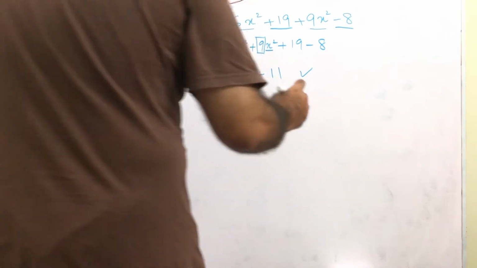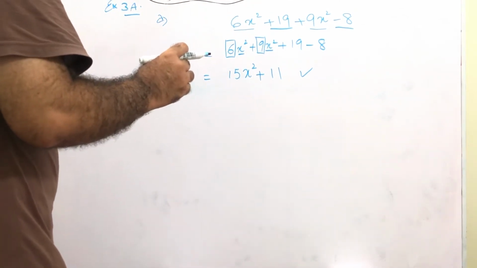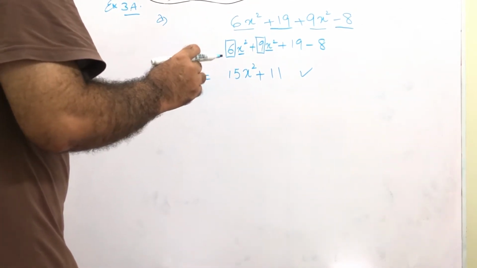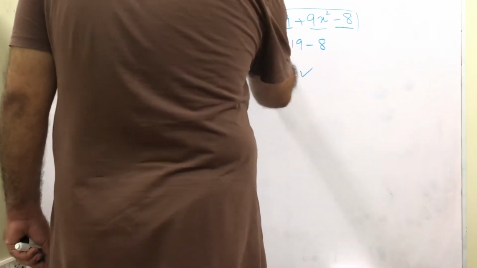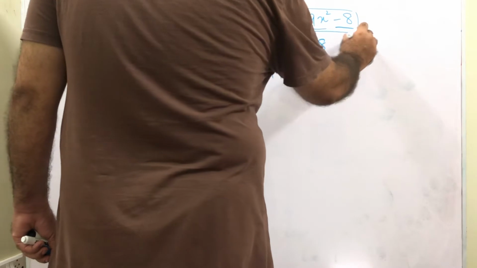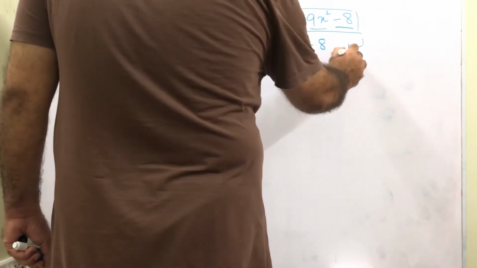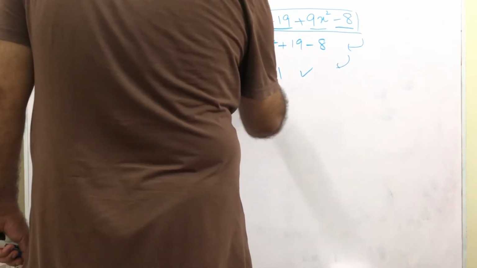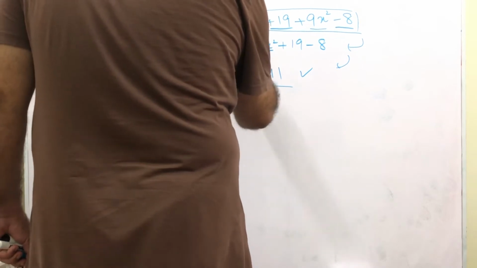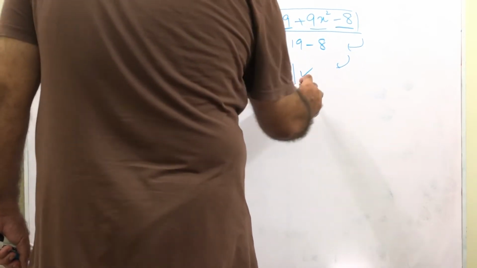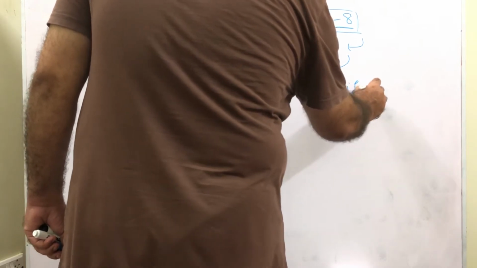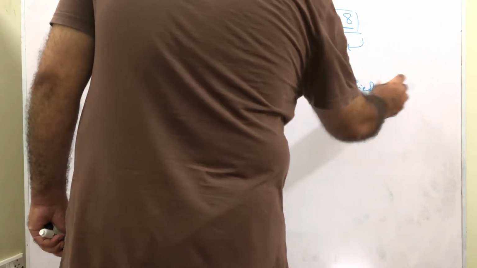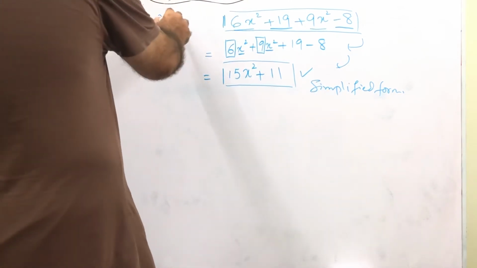So this is how we have simplified our expression. This was the given expression, a long one. We have solved it, and now this is the answer. It has shrunk to this level. So this is the simplified form. This is the answer of part A.